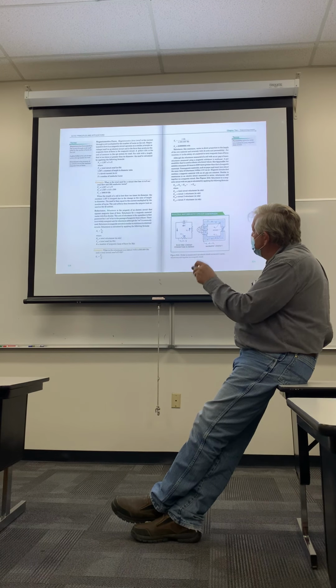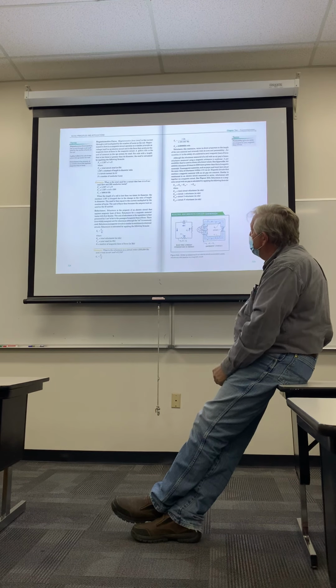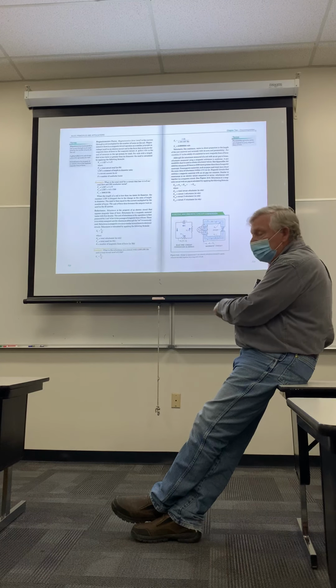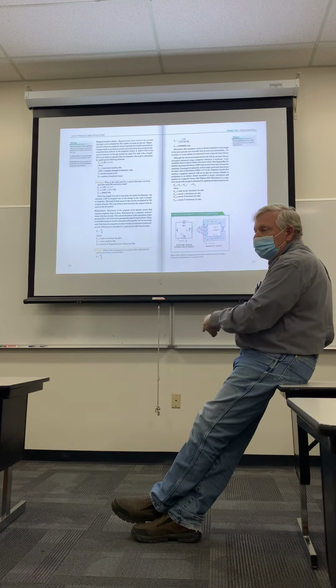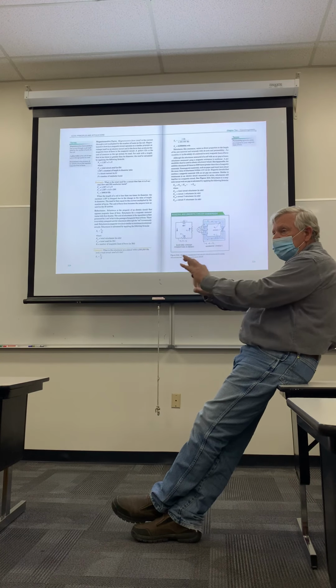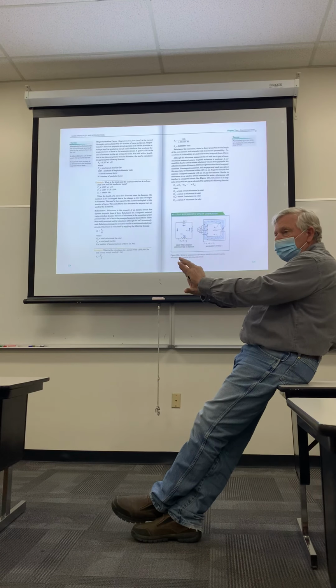Reluctance is the next thing we talk about here, and there's a description and definition right there: the property of a magnetic circuit that opposes the lines. Reluctance is the opposition to lines of magnetic force.